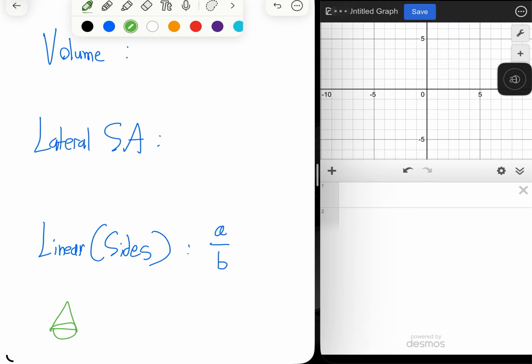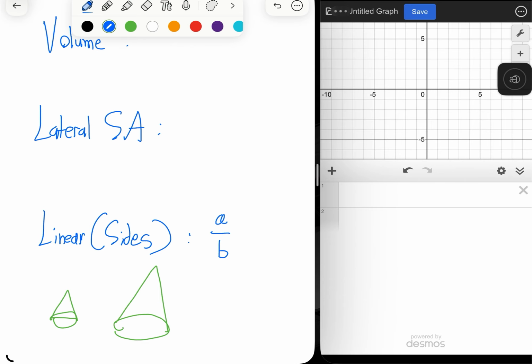If you have a cone here and a similar cone scaled up, let's say the ratio of the sides were A over B. Just think of the side as a circumference for a second, as A over B.